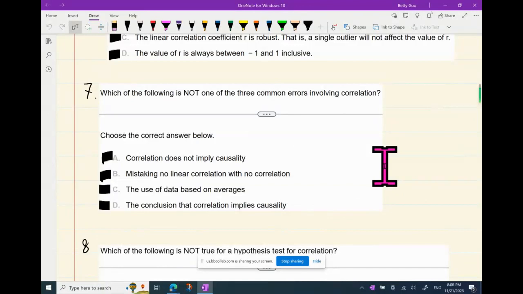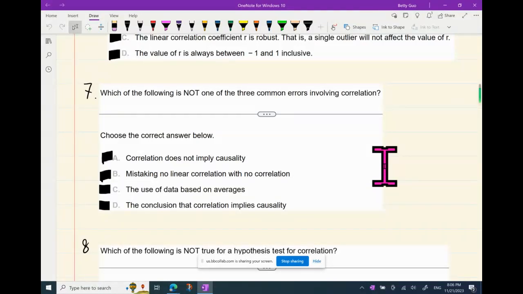It's possible, but not necessary, because correlation only measures the linear pattern between the two variables. It does not measure causality or test the existence of causality at all. Causality is one thing, correlation is another thing. So the first common mistake is people mistake correlation for causality.